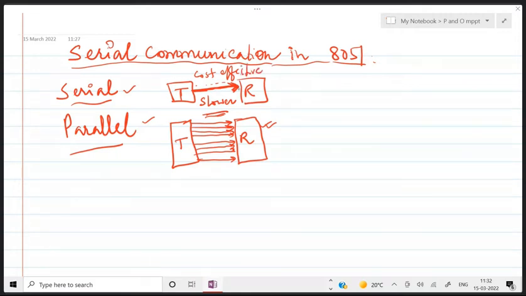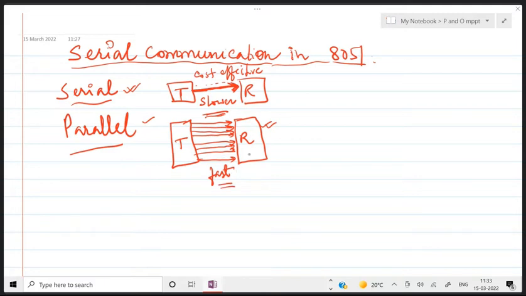Okay, and most of the communication throughout the world is serial communication. Then the other way of communication is parallel, and you could see that since the data is transmitted in parallel, the communication process is fast.